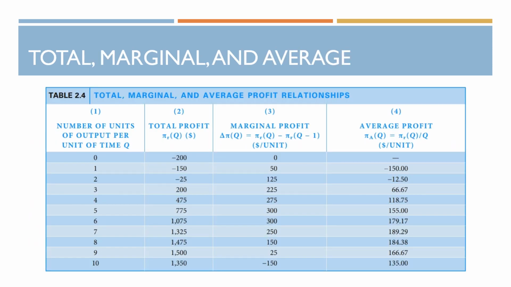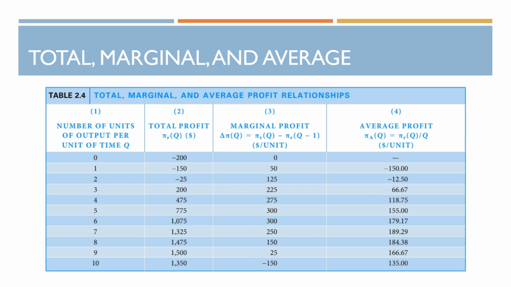So talking about marginals, going back to Econ 101, most of you already have a concept of marginal cost, marginal revenue, and of course marginal benefit, which is the marginal profit of a firm. But to have a little better idea about how those numbers are associated with each other, you can look at this particular example here. The table represents 4 columns. The first column represents the number of units of output that the firm produced or sold in the market.